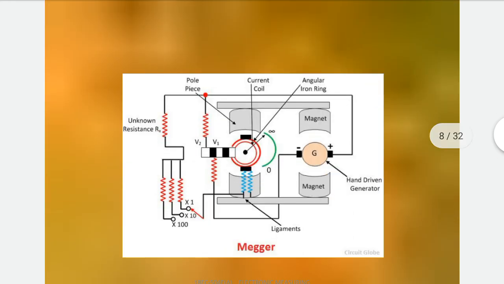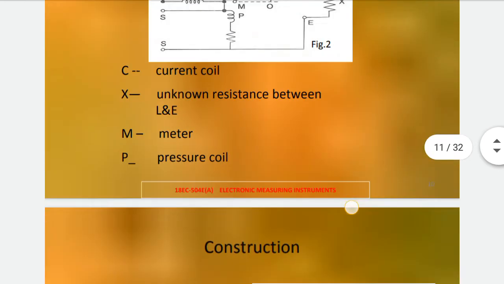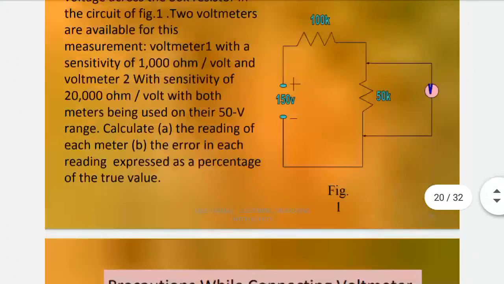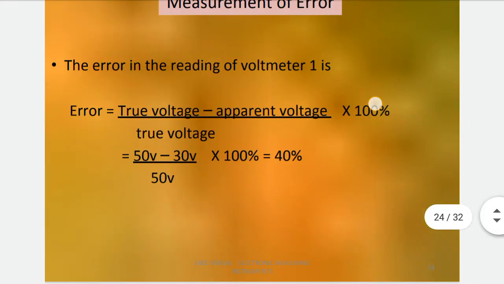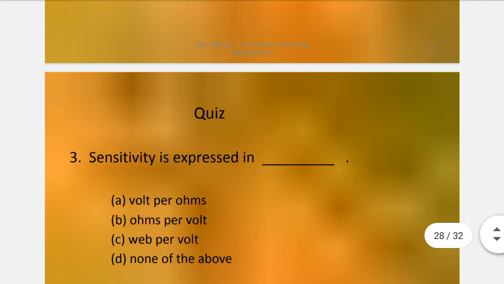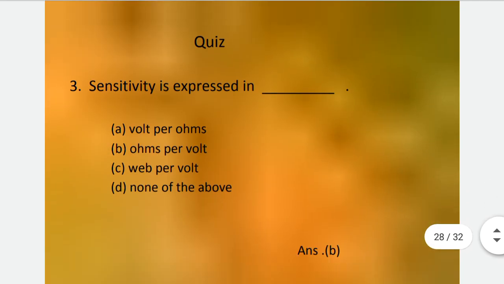Now coming to question number 3. Sensitivity is expressed in dash: A. volt per ohm, B. ohms per volt, C. Weber per volt, D. none of the above.